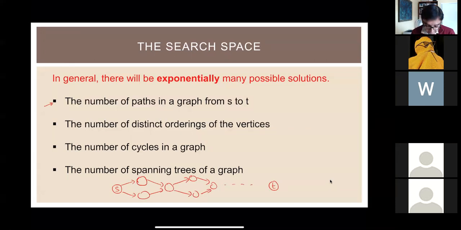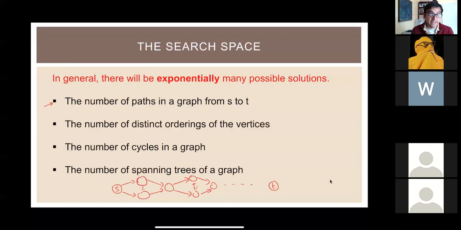Over here we have a binary choice: do we want to go up or down? And over here we have another binary choice: do we want to go up or down? Just by having a succession of these choices, we can get exponentially many paths.